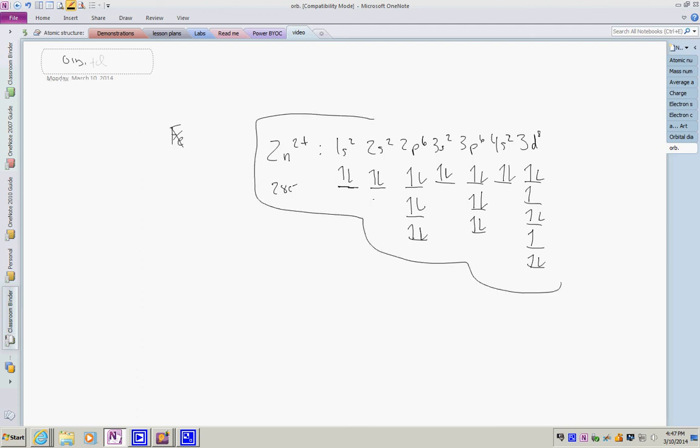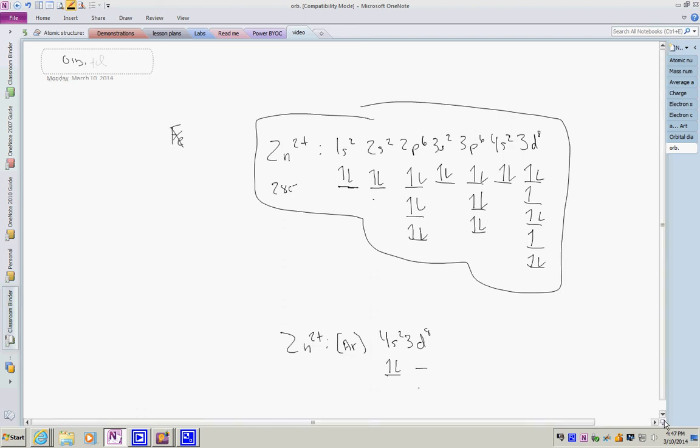You could do a shortcut method for this. It would just be zinc 2 plus, and the previous noble gas to zinc is argon, so we put argon in brackets, and I start from there, and that's just going to be 4s2 and then 3d8, and of course it would just look like this. It would be the back half of it.